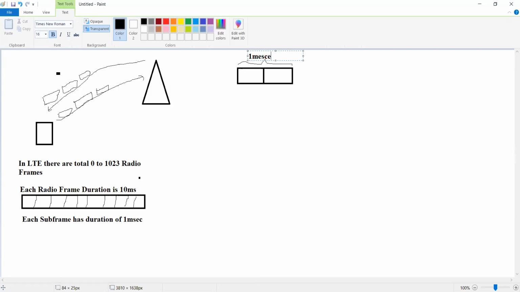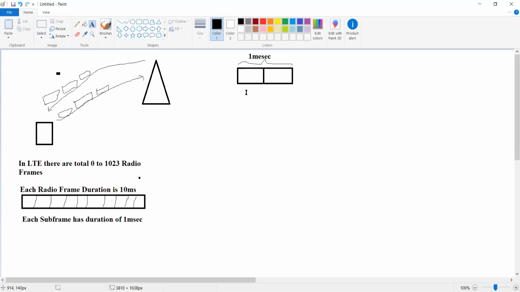Are you able to see this on screen? Yes. Okay. This is T0, this is T1. So one radio frame has a duration of 10 millisecond. It has subframes of 1 millisecond each, and 1 millisecond has 2 time slots.